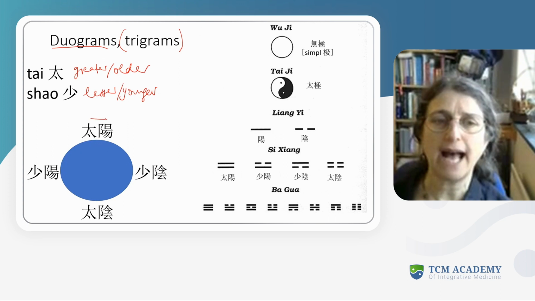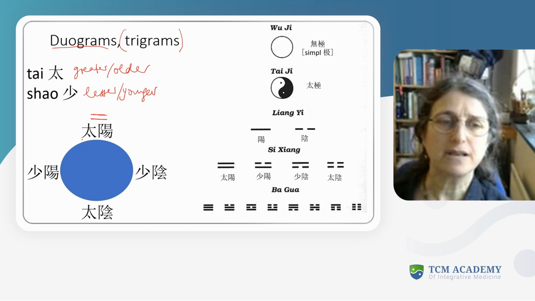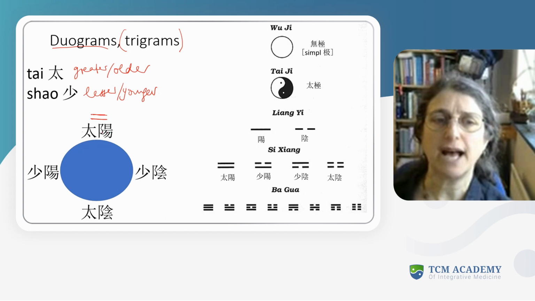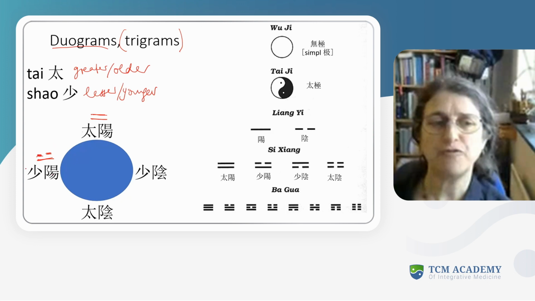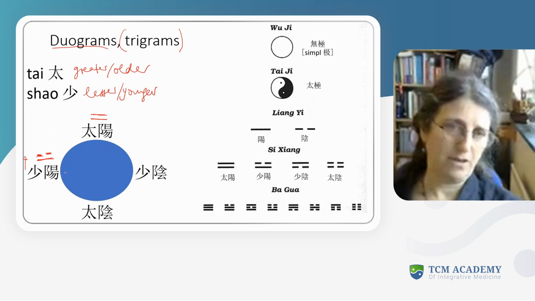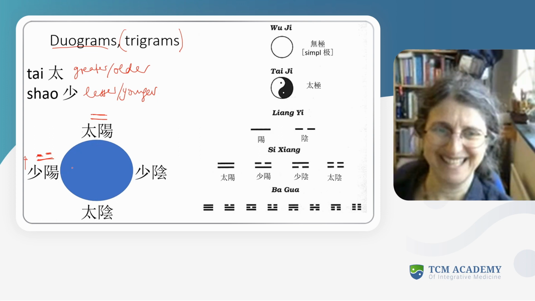So this is Tai Yang, which means 2 yang lines. So you've got Tai and it's got yang. And then here we've got Shao Yang, which is 1 yang line and 1 yin line. So it's growing yang because they come from the bottom up, or lesser yang, not as much yang.